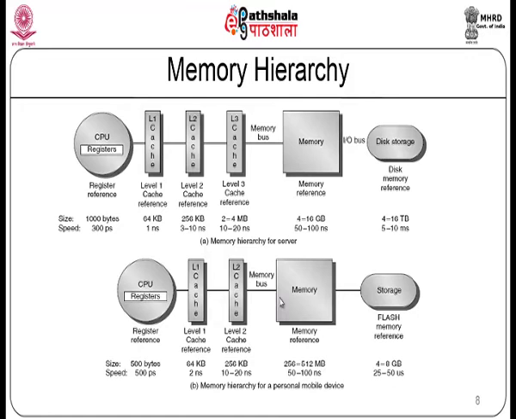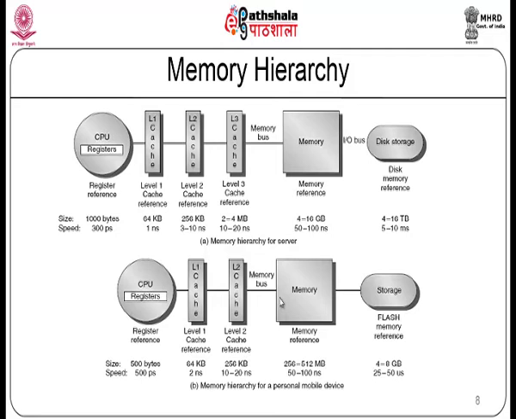When you move on to L2 cache, you find that the size has considerably increased, say typically from 64 KB to 256 KB. The access times have also increased, to about a few nanoseconds. And then you have the L3 cache, which again increases in size from 256 KB to a few megabytes of data, and the access times have also increased from about 10 nanoseconds to a few tens of nanoseconds.